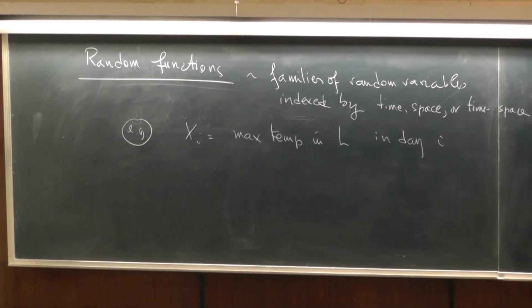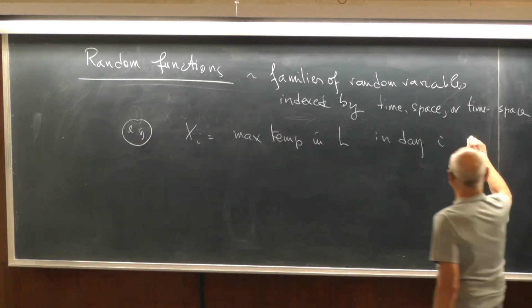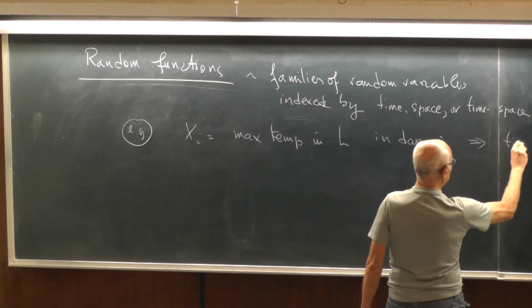Right? This is a family of random variables indexed by this time i, which in this particular case is discrete, and the time step is 1 day. So we usually refer to this as a time series.